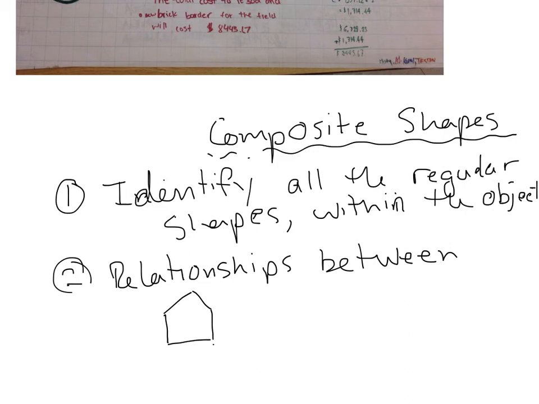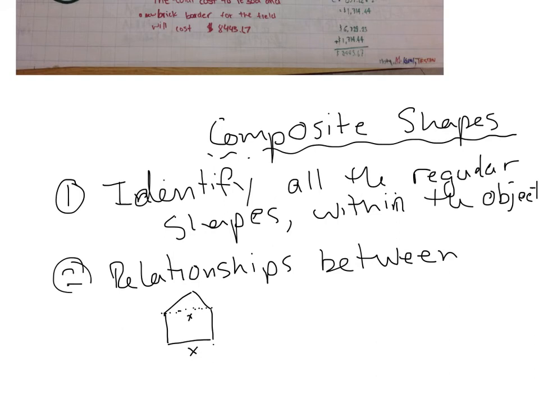A relationship between them would be, this side length here is also equal to the base of my triangle. So if I know what this is, then I'll know what this is, and that helps me with my calculations. That's a relationship between these different measurements, or relationships between the shapes.